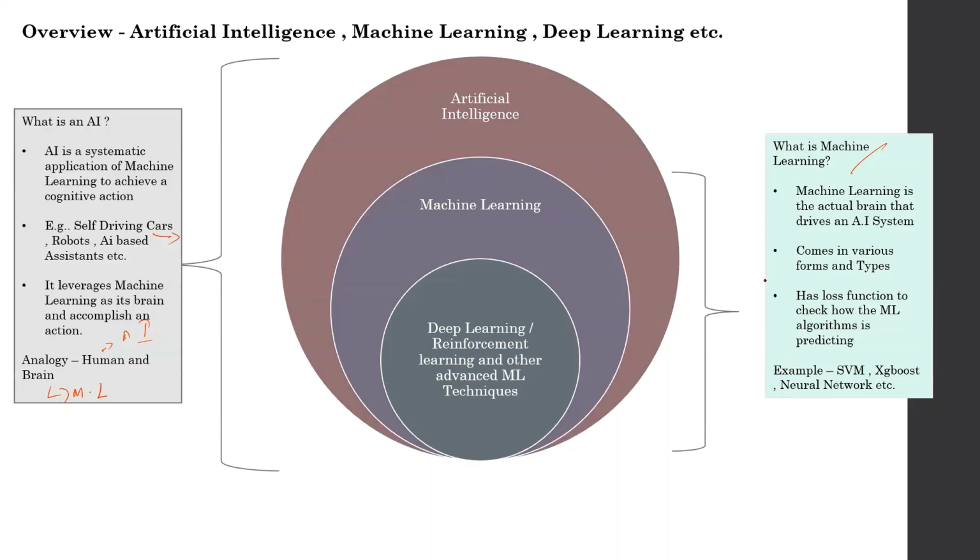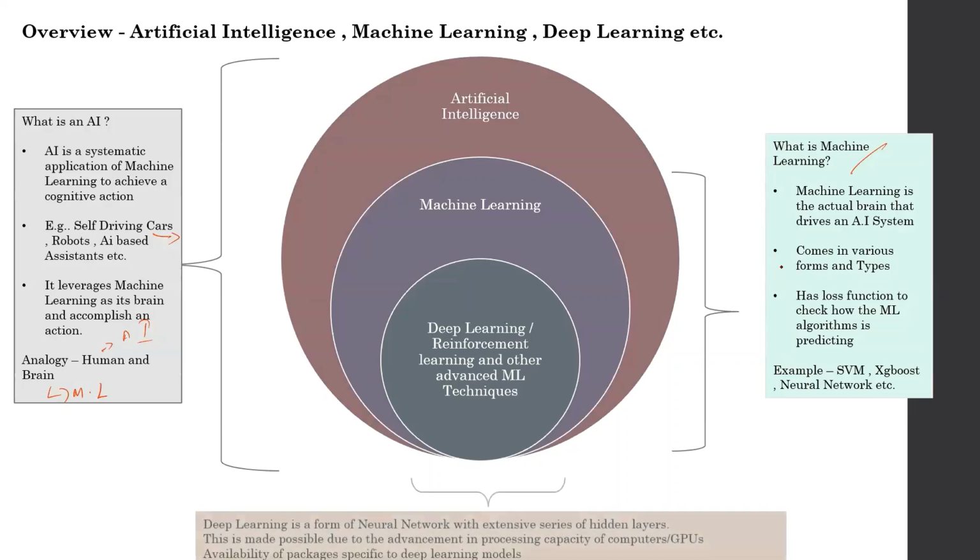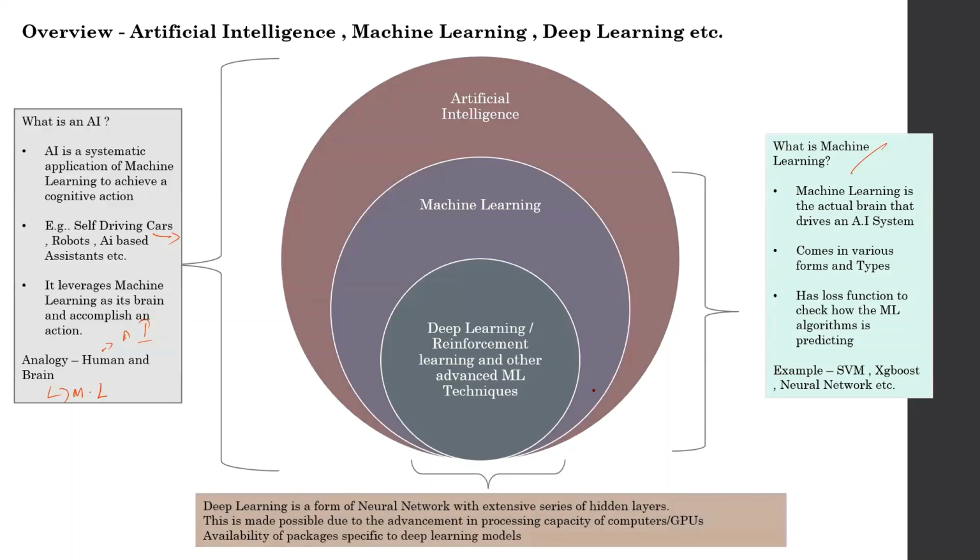As a whole, machine learning can be used to refer to algorithms, whether they are deep learning based or non-deep-learning based. But deep learning is an advanced version of machine learning. The basic idea is that it mimics the functioning of your brain.